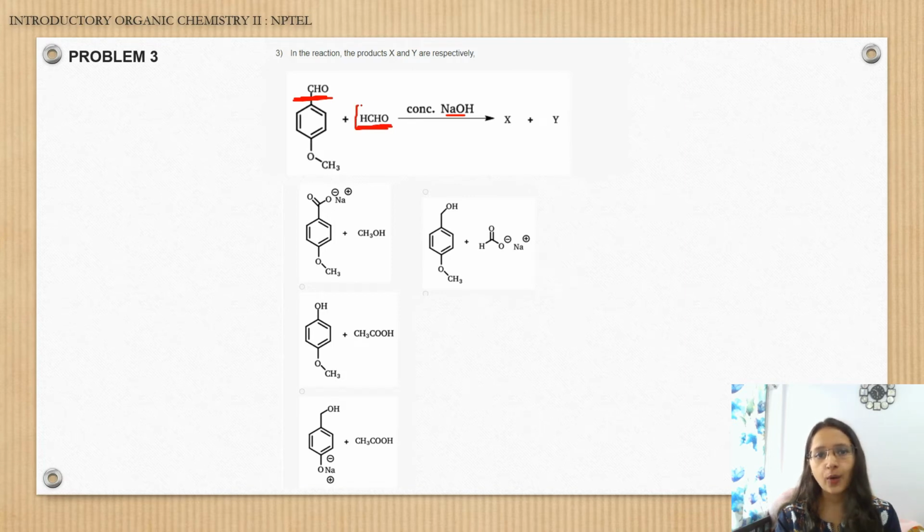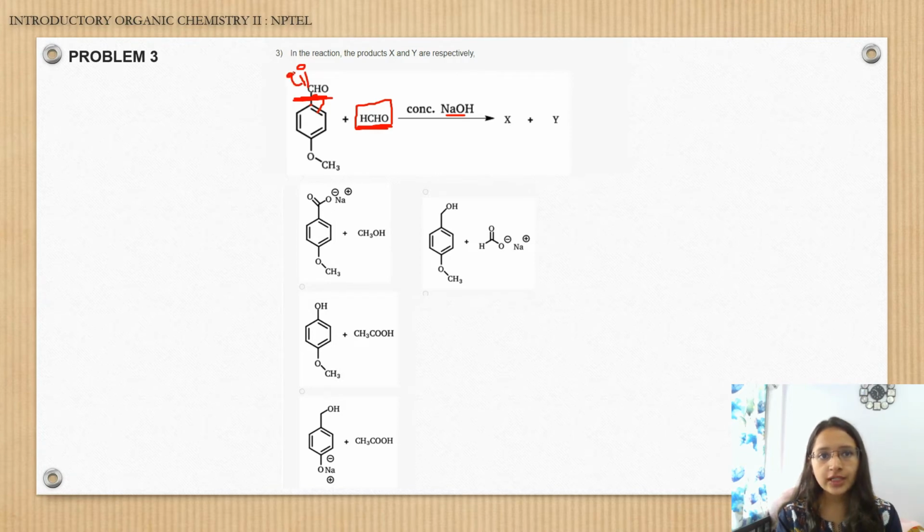How? Because it is connected to a hydrogen and it is connected to a methyl, right? Sorry, a phenyl. This system is in conjugation with this carbonyl group, right? This is in conjugation with this carbonyl group.